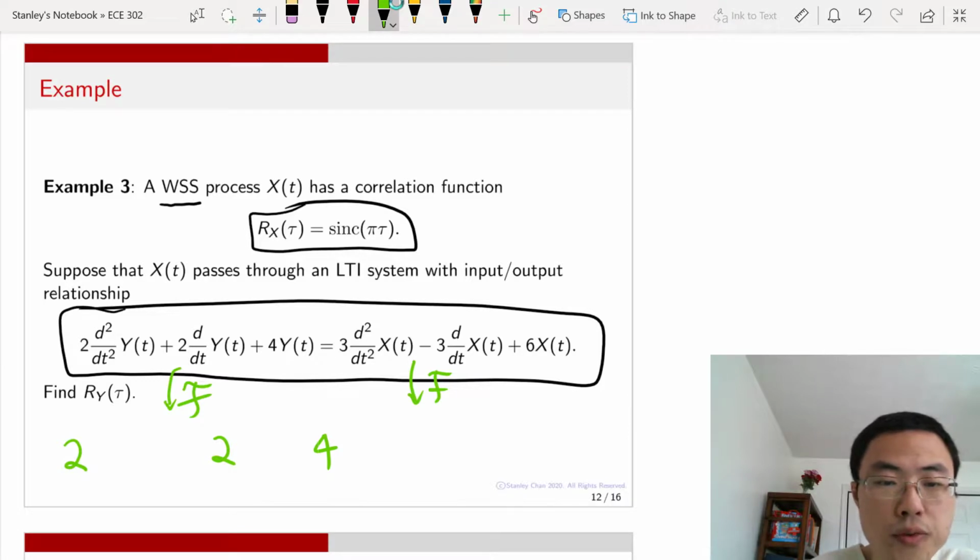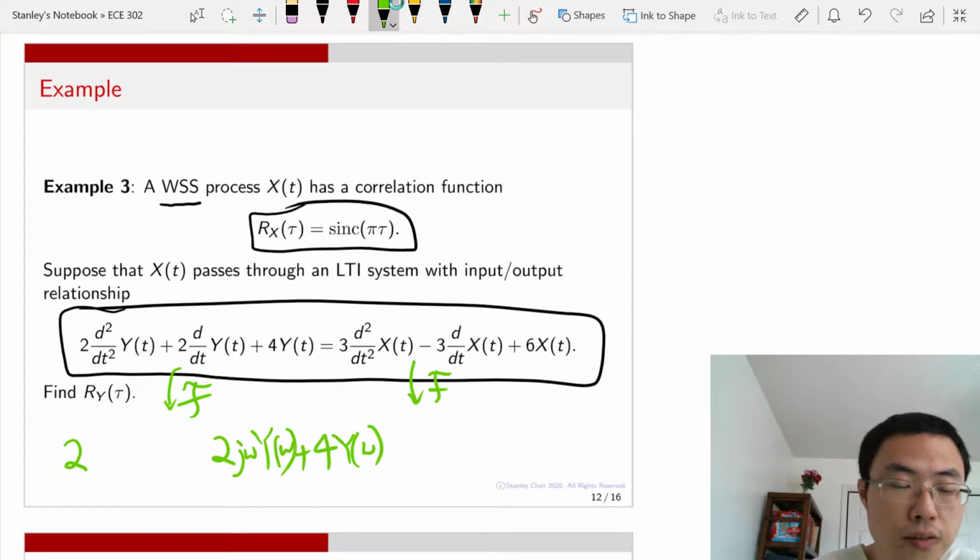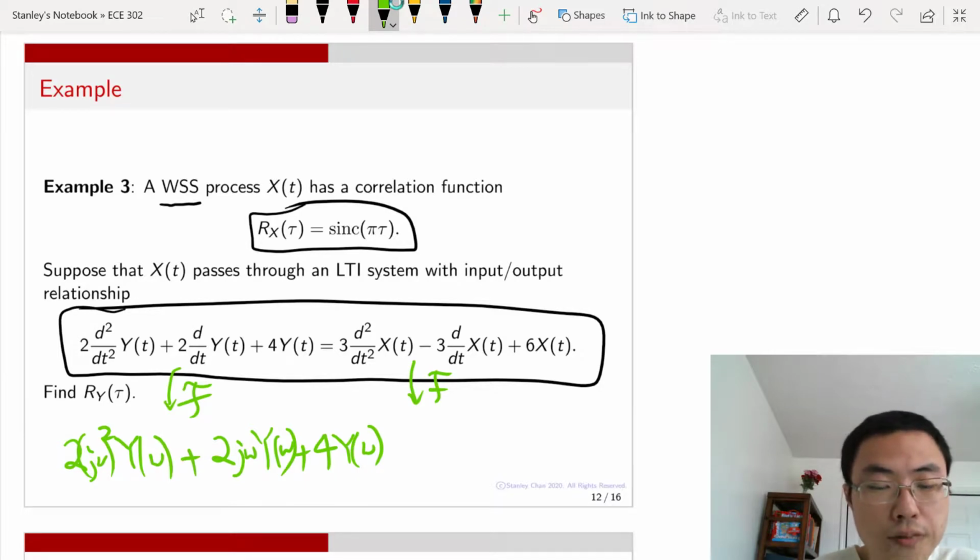If I take the Fourier transform of y(t), I will get Y(omega). If I take the Fourier transform of dy/dt, I will get j omega times Y. If I take the Fourier transform of d squared y, I will have (j omega) squared times Y. So this is your left-hand side.